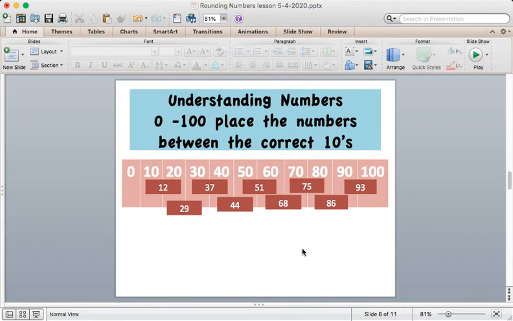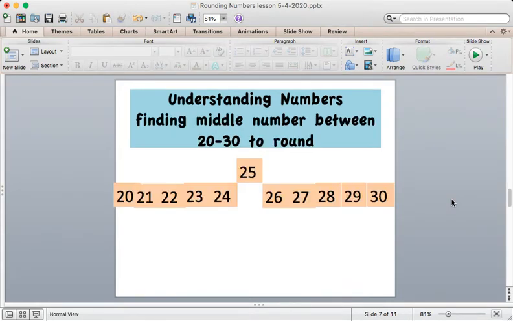And 86 would be between 80 and 90. 93 would fit between 90 and 100. Knowing where these numbers go is a concept that you need to start building as you have more understanding of your numbers. The next thing we're going to talk about is finding that middle number between 20 and 30.